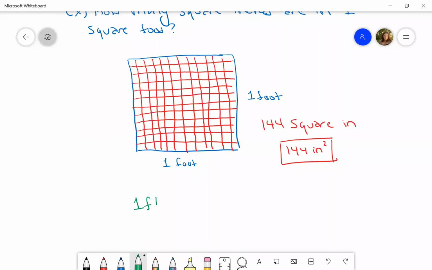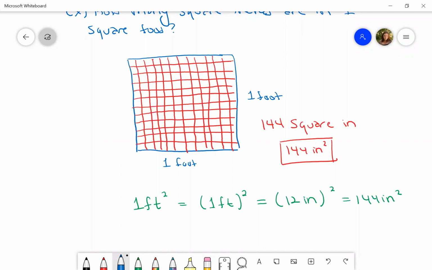Because we're looking at 1 foot squared, and since 1 foot happens to be 12 inches, we're really thinking of it as 12 inches squared. Well, when you square 12, that's 144. So when we talk about the conversion into square units, we literally have to square the number.